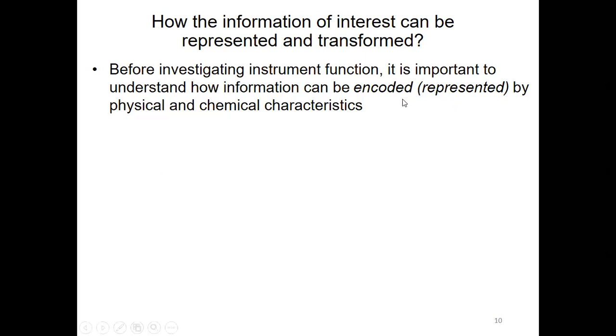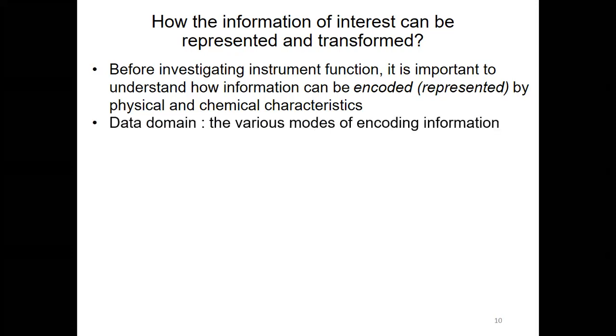So before investigating, let's see how it can be encoded or represented. In that case, we call something the data domain, which is the various modes of encoding information in the instruments.